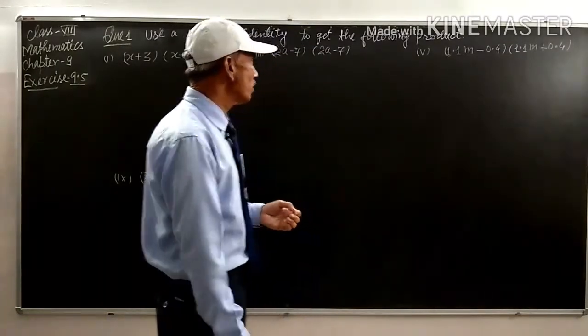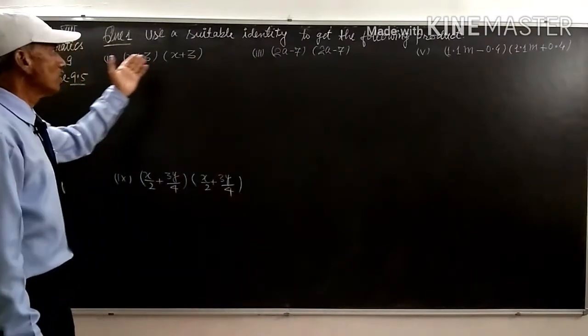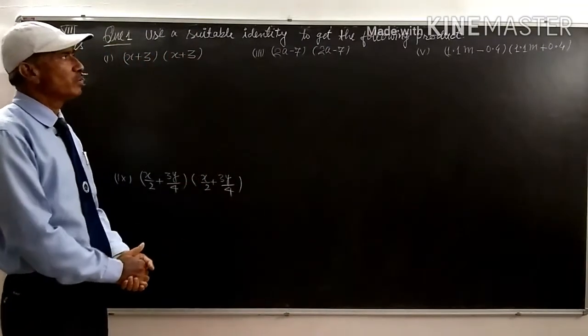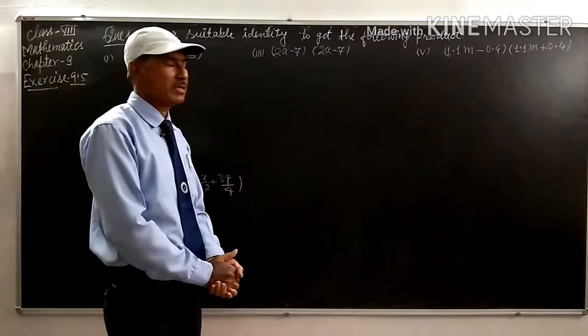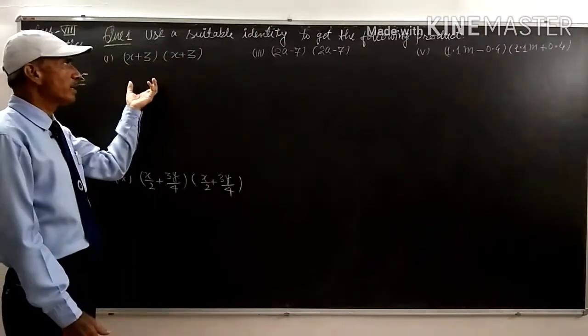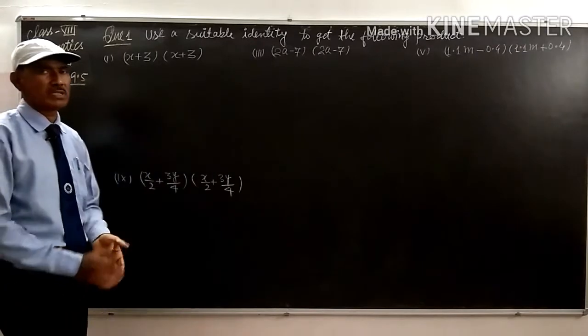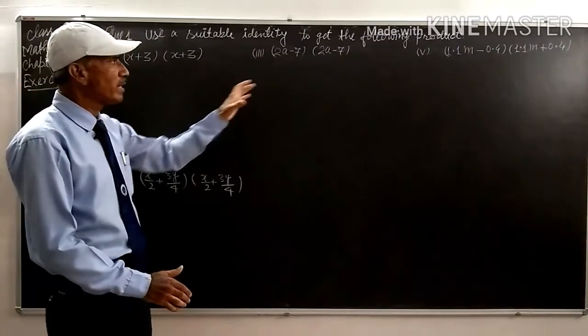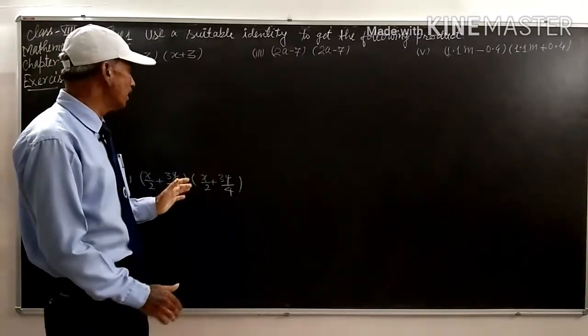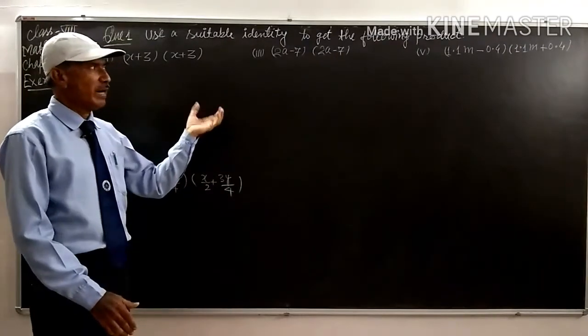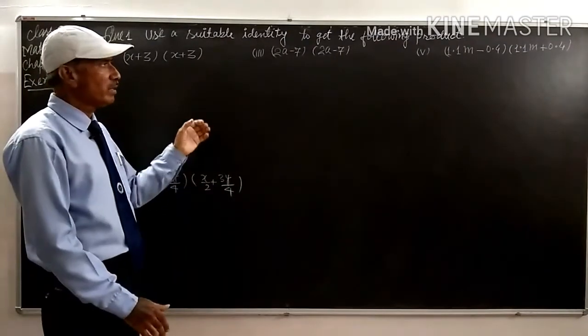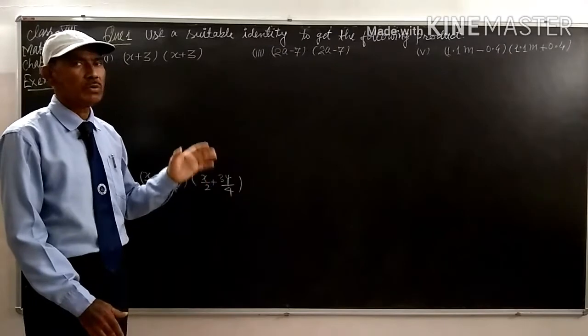Okay students. So, the first question is: use a suitable identity to get the following products. To find the products, we have to use a suitable identity in these questions. There are 4 parts of questions written here and some parts are not written, and those parts you have to do yourself.